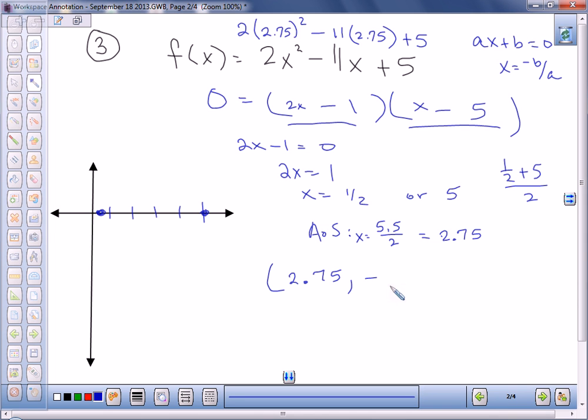All right. So we'll call it down here somewhere. We'll call that 2.75, comma, negative 10.125. And I just did a sketch here instead of an actual graph. It is a little sketchy. Very good.